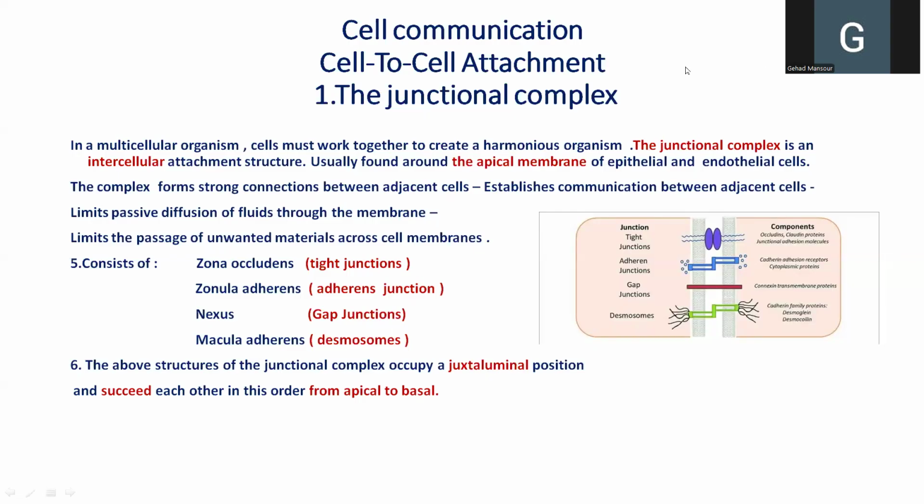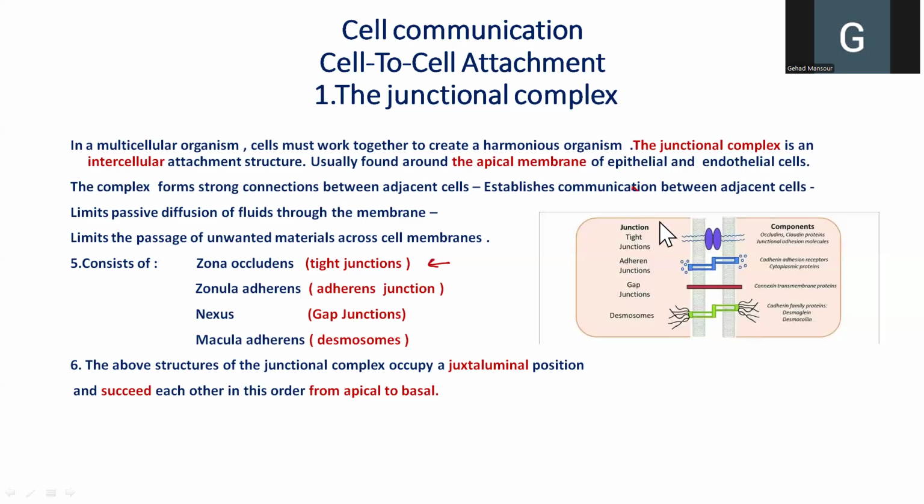The first example of physical cell-to-cell attachment is the junctional complex. And you can see the different types here on the diagram. The junctional complex consists of different types of connections between the cells. So it consists of the zona occludens or the tight junctions.